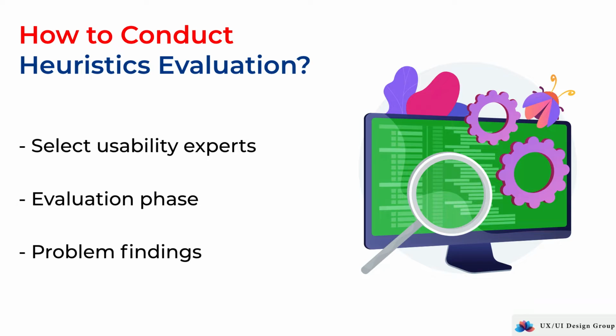That is, first you should select usability experts, then you can create an evaluation phase. Maybe it can be phase 1, phase 2, and once it is done, you come up with problem findings. After that, you can create a report with your own usability recommendations.